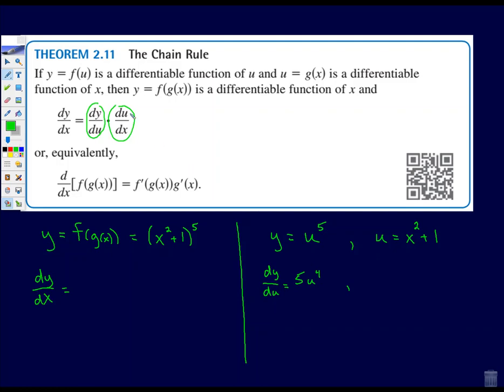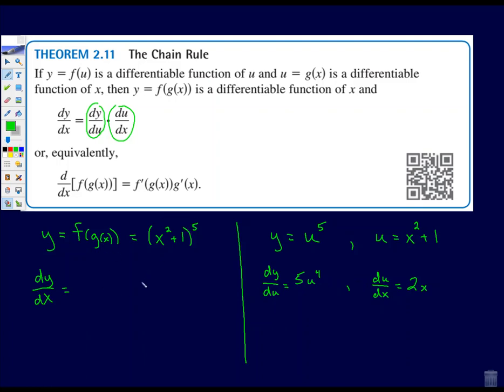And then multiply that by the derivative of u with respect to x. If I think of u as a function of x, I could call this the derivative of u with respect to x. And that would be the basic power rule, and so forth, 2x plus 0, or just 2x. And the chain rule says that once I've done that, multiplying those together gives me the derivative of the original big expression.